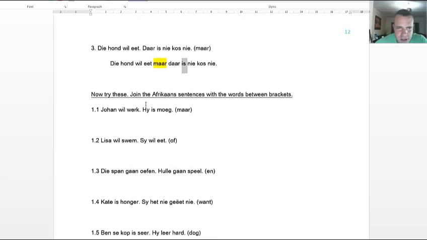Okay, so here's a few exercises quickly. Johan wil werk, maar hy is moeg. Johan wants to work, but he is tired. You're just going to put the maar in there. The hy stays there. The is, most importantly, is going to remain there. You see that? It doesn't move. Okay? Lisa wil swim, sy wil eat.